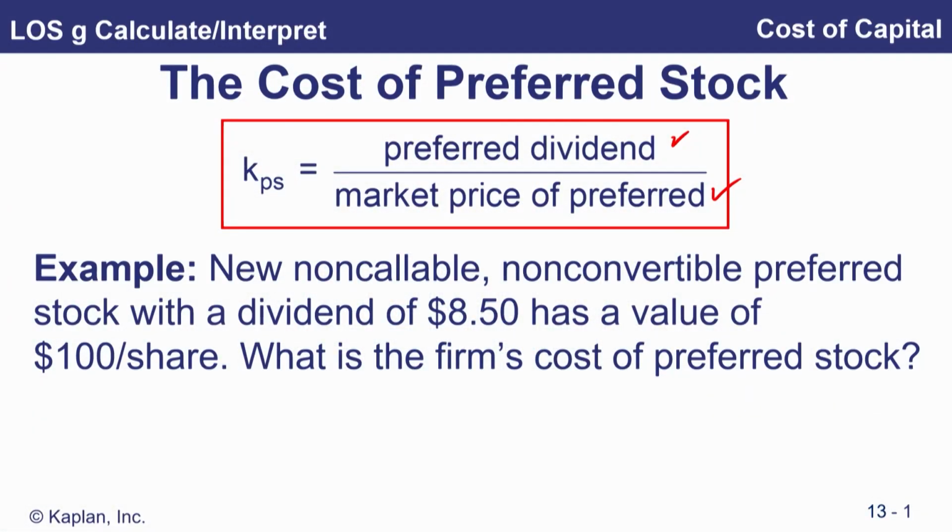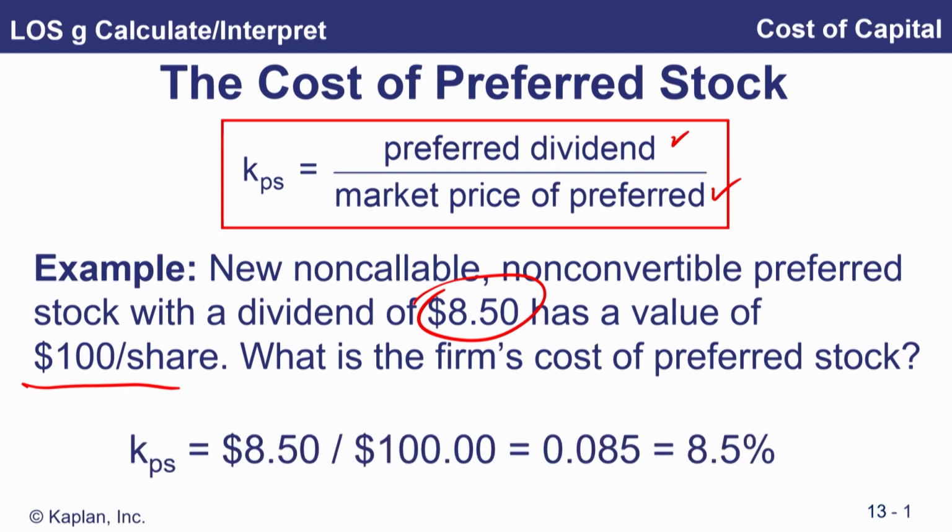So for a non-callable, non-convertible preferred stock, if the dividend is $8.50 and it's selling in the market for $100 a share, what's the firm's cost of preferred stock? Well, looks like 8.5% to me. Let's be surprised. Nope, no surprises. 8.5%. So our cost of preferred is straightforward, and remember, there's no tax adjustment.